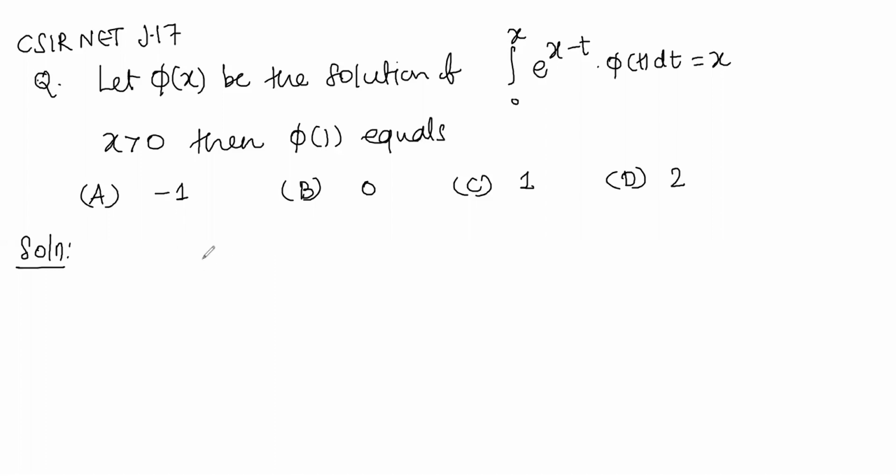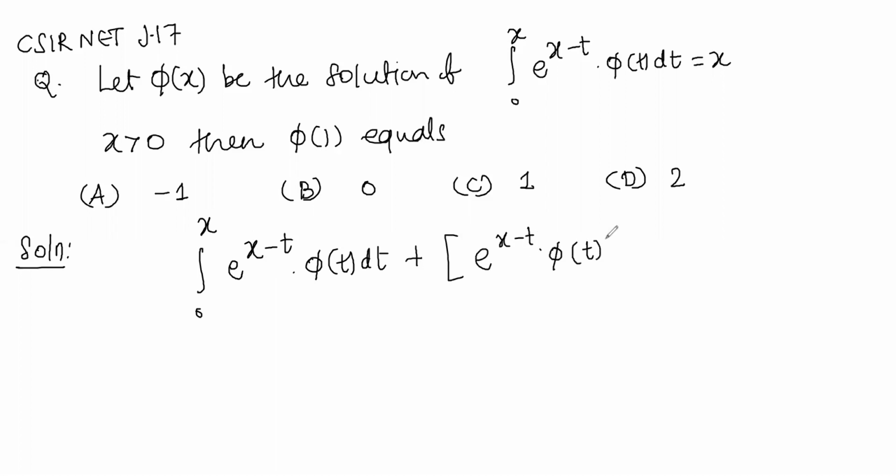So first, I'll differentiate it. Differentiating, I'm getting the integral from 0 to x of the same thing again, because I have e power x minus t phi of t, plus e power x minus t phi of t evaluated at t equal to x, and the derivative of x is 1.